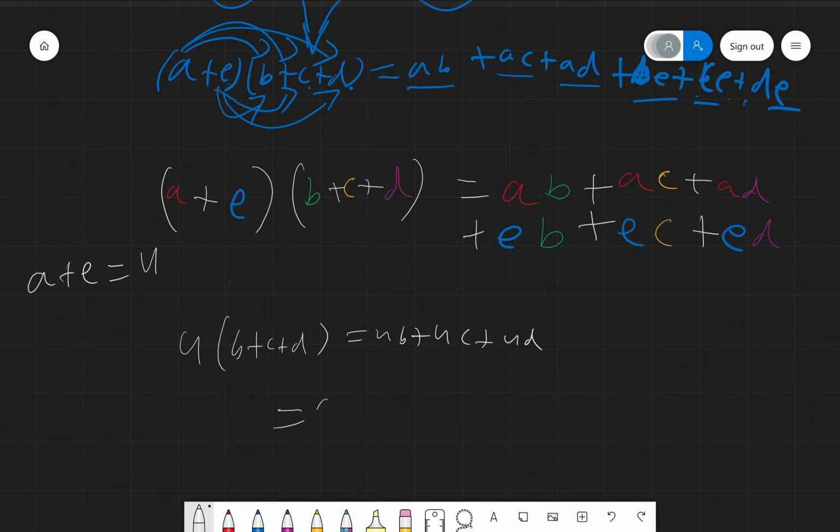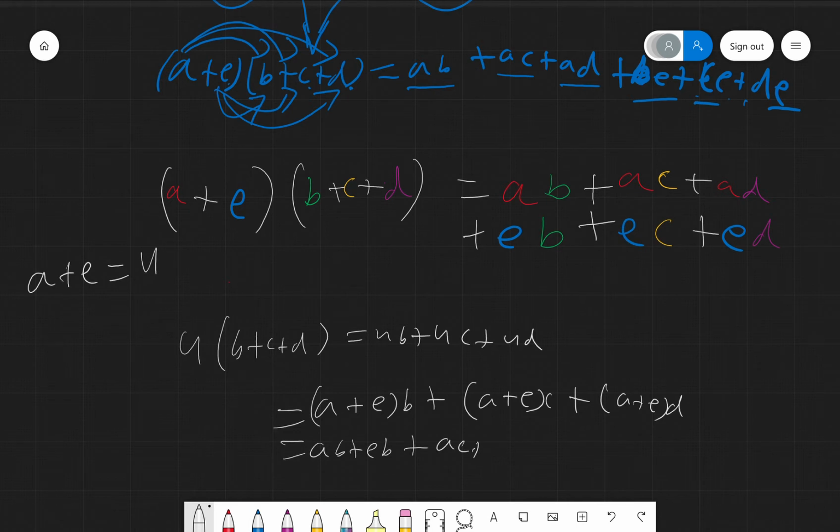And we're going to get (A plus E) times B plus (A plus E) times C plus (A plus E) times D, right? So now this is just three more distributive properties. So we have (AB plus EB) plus (AC plus EC) plus (AD plus ED), right?